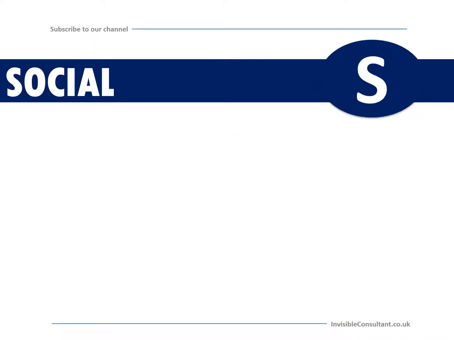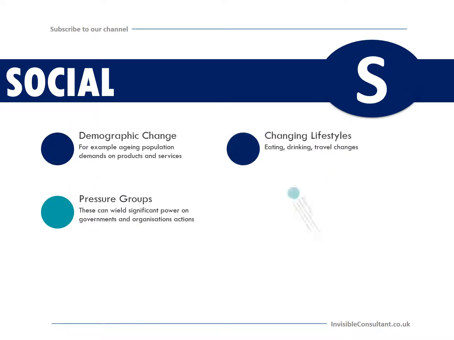The social element of PESTLE relates to attitudes, beliefs and cultural issues impacting society. The following are a set of areas to consider when reviewing the social landscape for your organisation. Demographic change. I.e. an ageing population changes the demand or creates new demand for a set of products or services. An ageing population also has an impact on government finances.